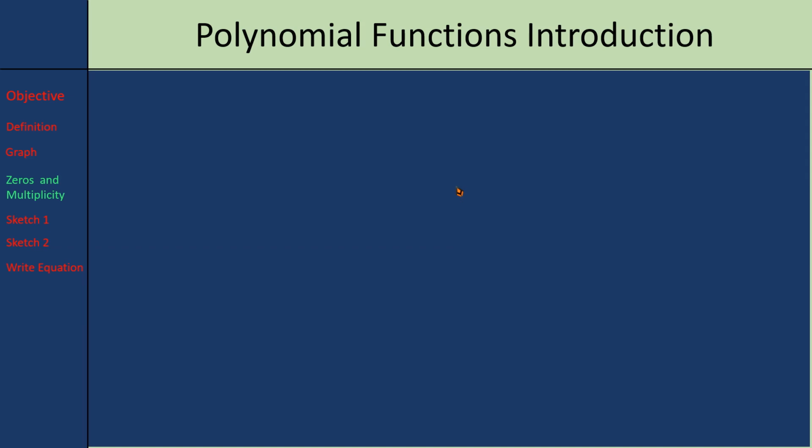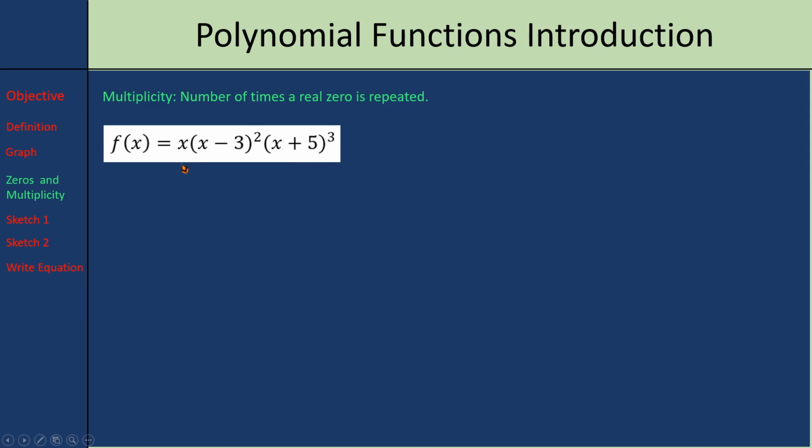All right, so let's talk more about the zeros and multiplicity because these are really important. Multiplicity is the number of times a zero is repeated. For example, you have here, let's look at what kind of zeros there are, right? Zeros means you basically put a value in for x that makes this 0. So just set each of them equal to 0 and you can find the zeros, right? So for this one, x is equal to 0, and the exponent is 1, meaning the multiplicity is 1.